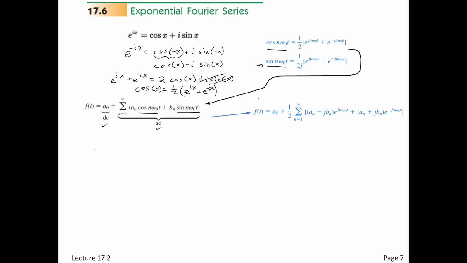And we can take a look at the terms. Here's our DC term, of course, that always comes riding along. There's our 1/2. We can factor that out. Here's our summation over n over all infinity. And here's our sum of terms when you have the j involved.